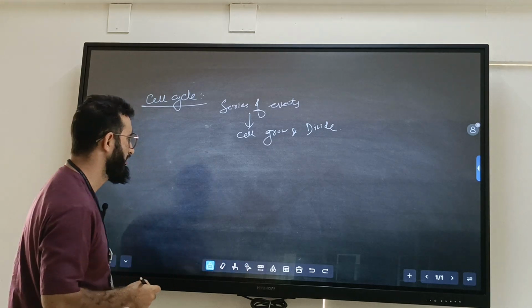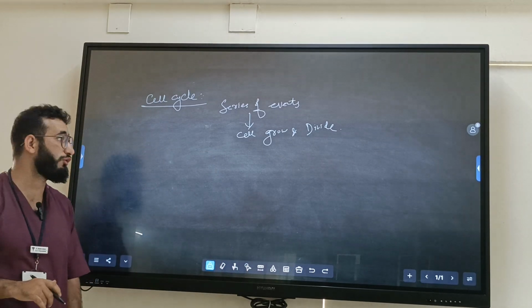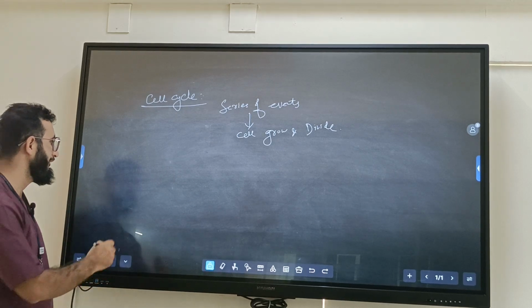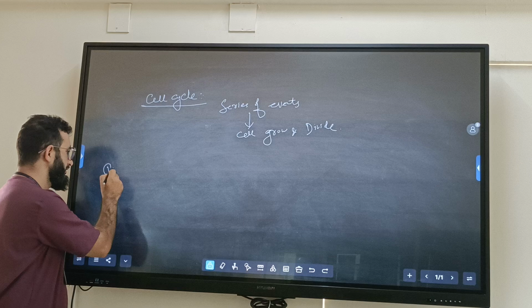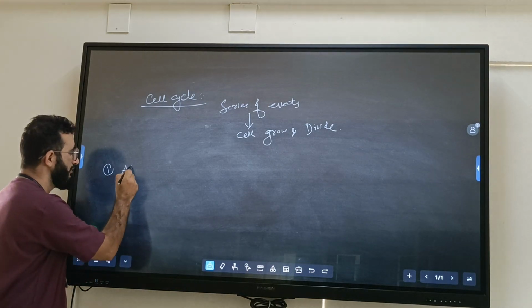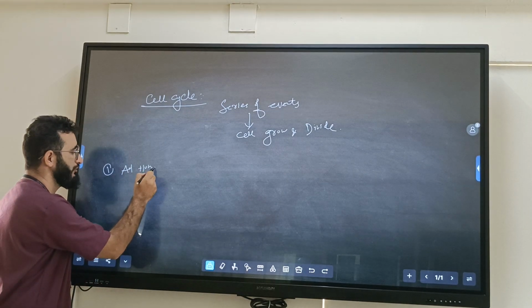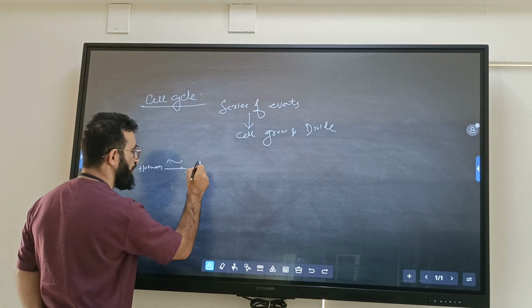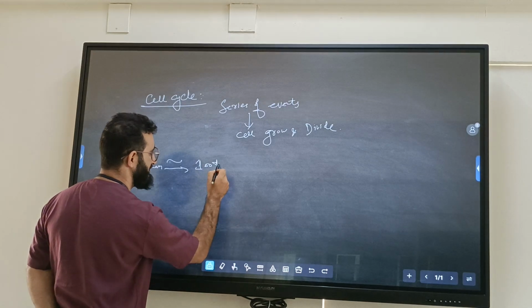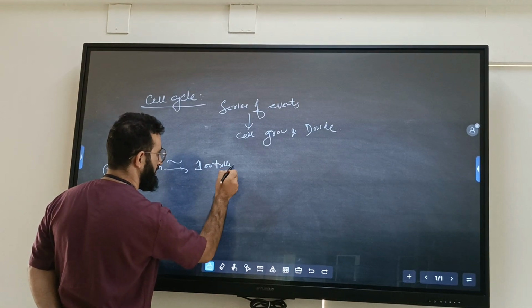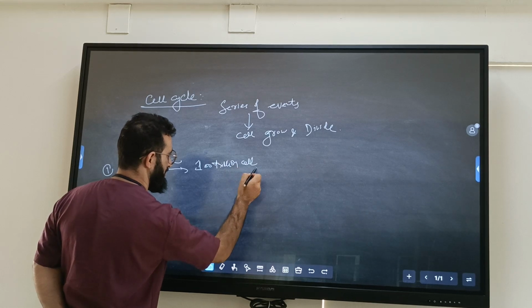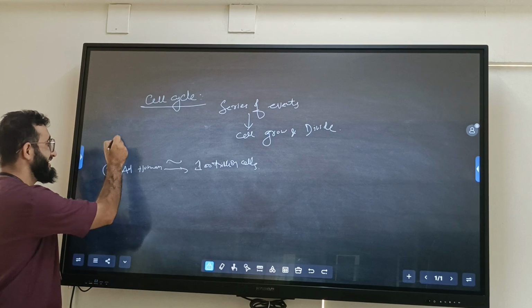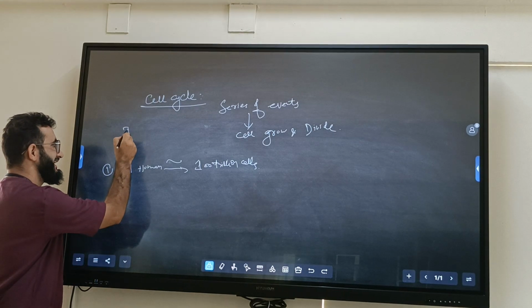See, as we know, every living organism is made up of cells, and cells have to divide. For example, an adult human contains approximately 100 trillion cells. But where did it start from? It starts from a single cell, called a zygote.